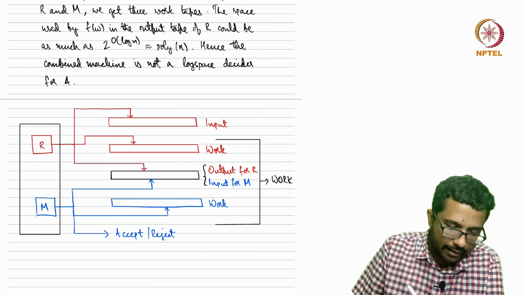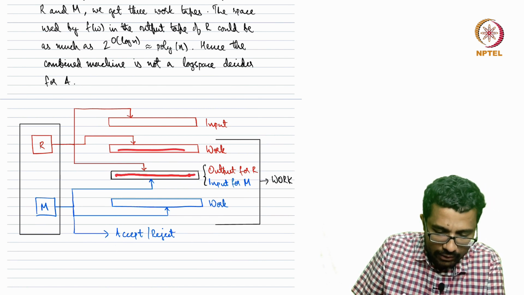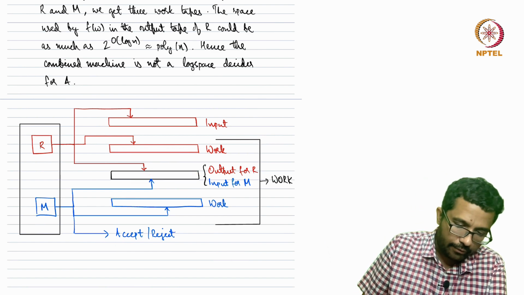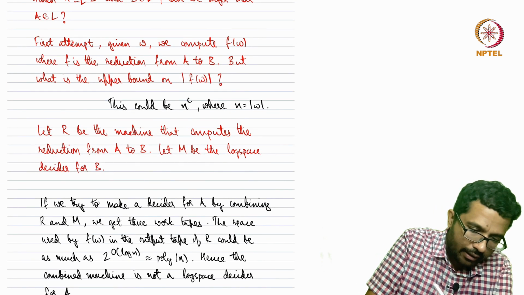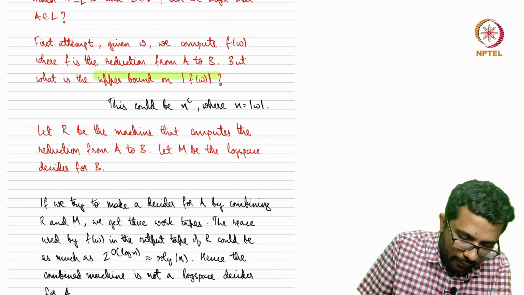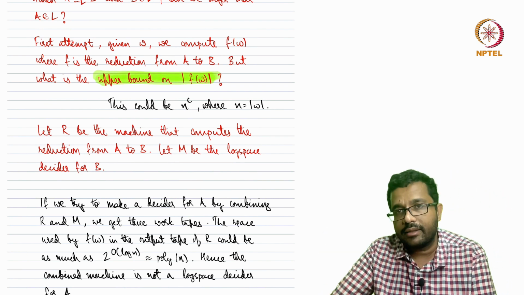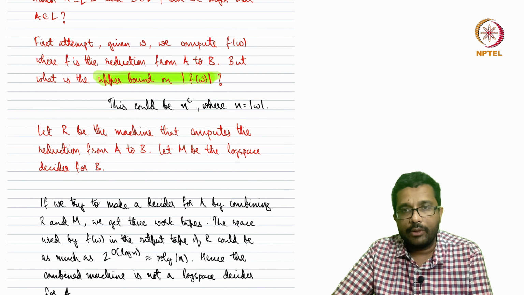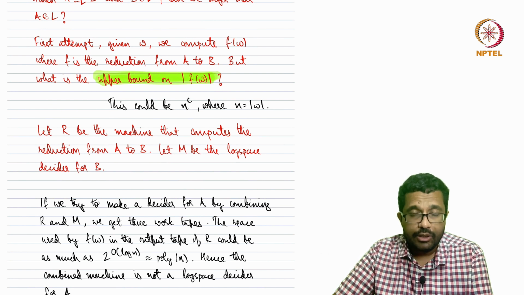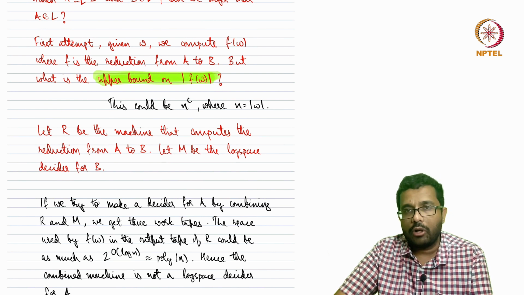And how much space is occupied by all this? We know this is log space, but what is the length of the output of the reduction machine? What is the length of f of w? That's what I'm asking here. What can we say about the upper bound of f of w? We need to write down f of w. The thing is that we have a log space machine, so the number of configurations could be 2 power O(log n).